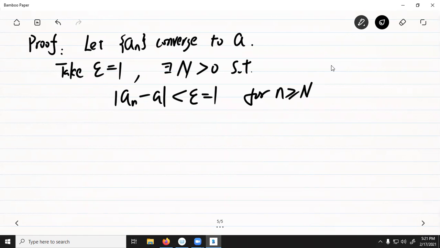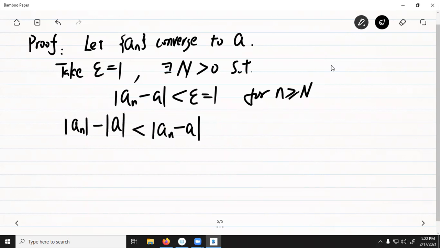So now we have this inequality. So we want to use this inequality. So here is one inequality we want to use. You have learned and you have proved it in your homework. Okay, which says the absolute value of AN, minus the absolute value of A, is less than the absolute value of AN minus A. You remember that homework.